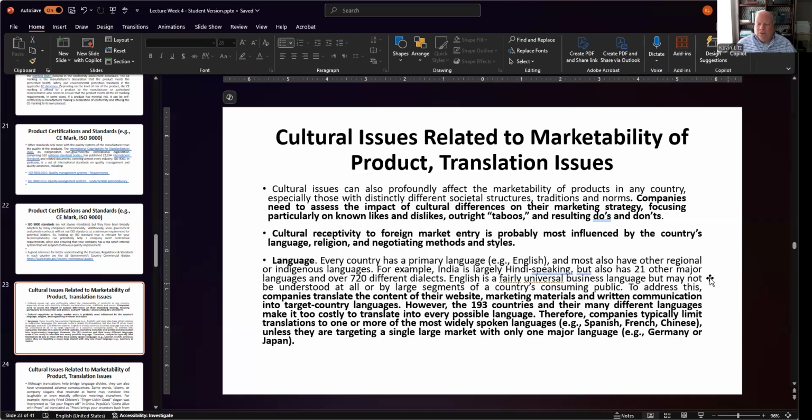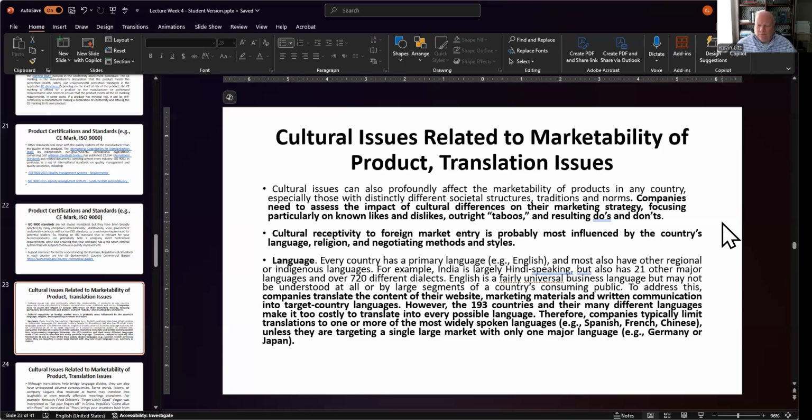Okay. So, language, it's always nice to have your website, for example, in different languages. I wouldn't do it in 50 different languages, but if you're going into France, for example, not only should you have it translated into French, but it may be legally required. So if you use the major languages, that's a good idea.